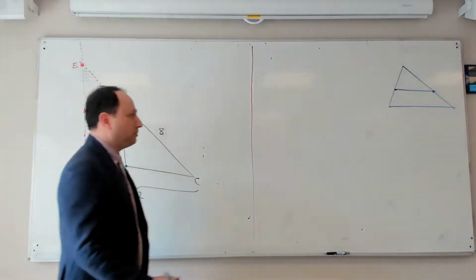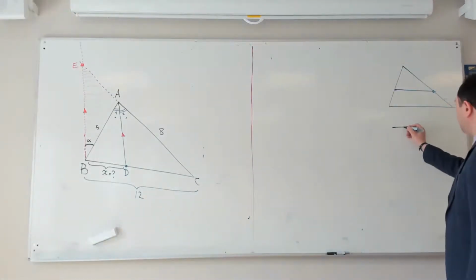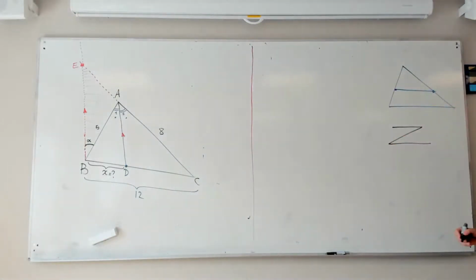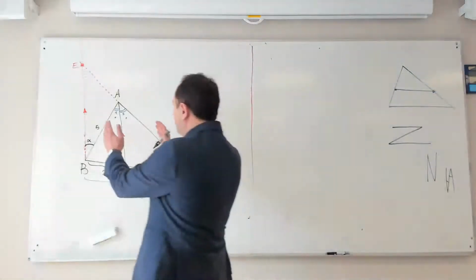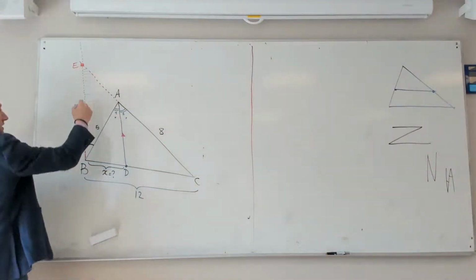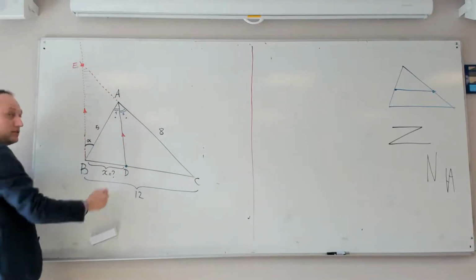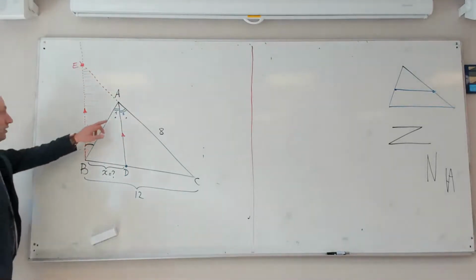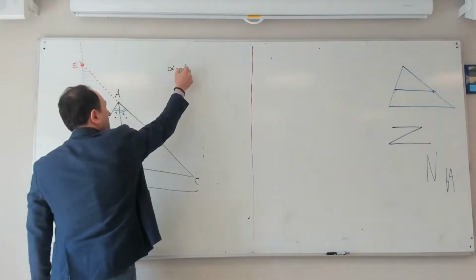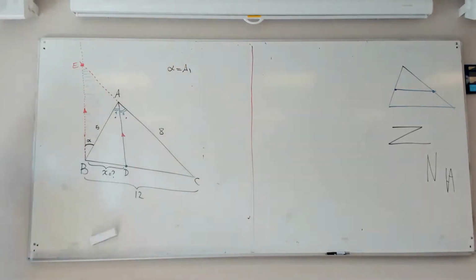Do you remember in Math 1C, I told you to remember this letter Z. Whenever you have the letter Z, or this variation, N, or upside down, these angles are always the same if the lines are parallel. Now this is a flipped N. Is that understandable? So alpha and A1 are equal. Do you agree, based on what we learned?